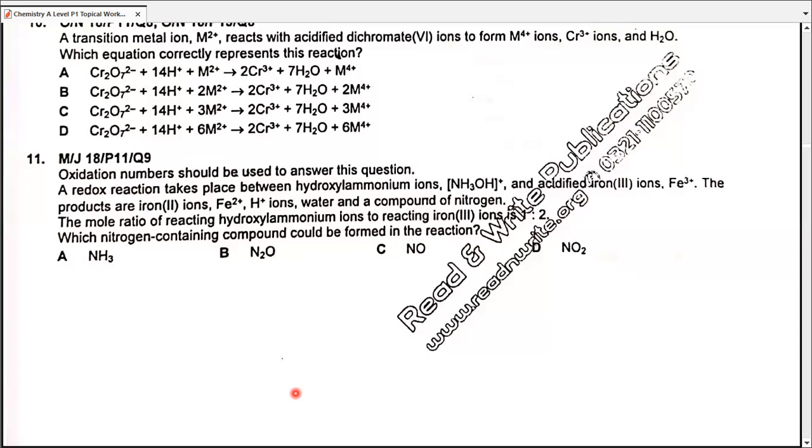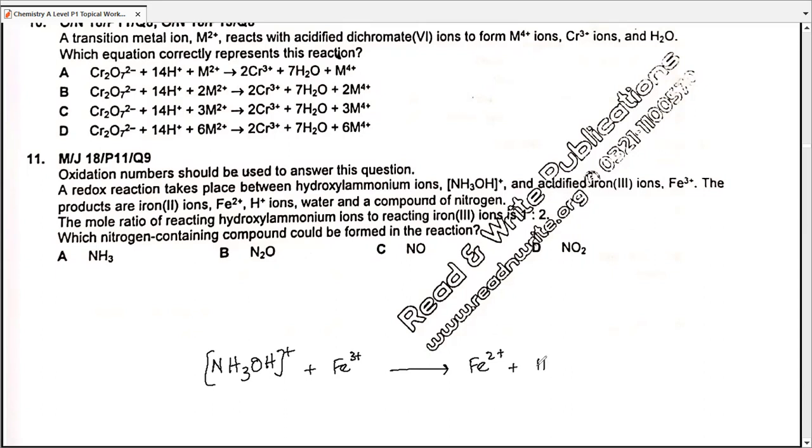So can you solve it? Okay, sure. All right. Let's collect all the hints. We have NH3OH, and the whole thing is positive, and that reacts with Fe3+ ions. The products that it gives us are Fe2+ ions.